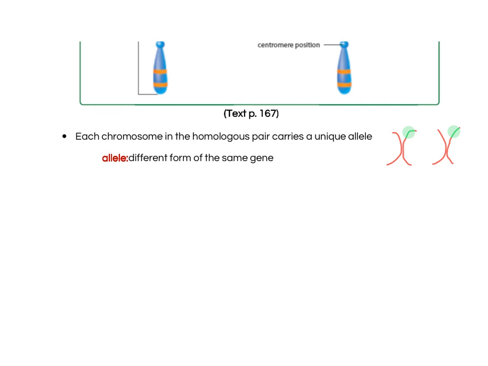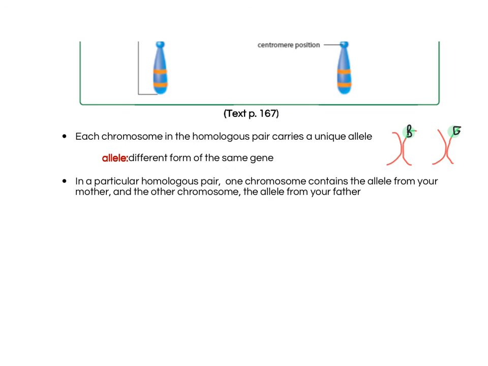So really, when I was talking about dad having the code for blue eyes and mom carrying the code for green eyes, what I'm describing is just information relating to that particular allele. So an allele is basically just a code to an extent.